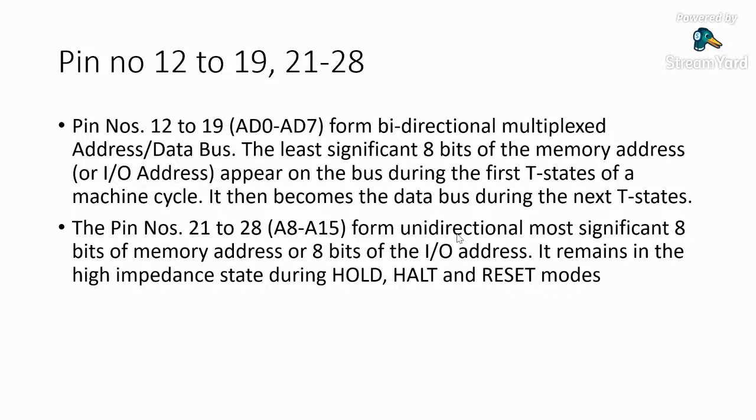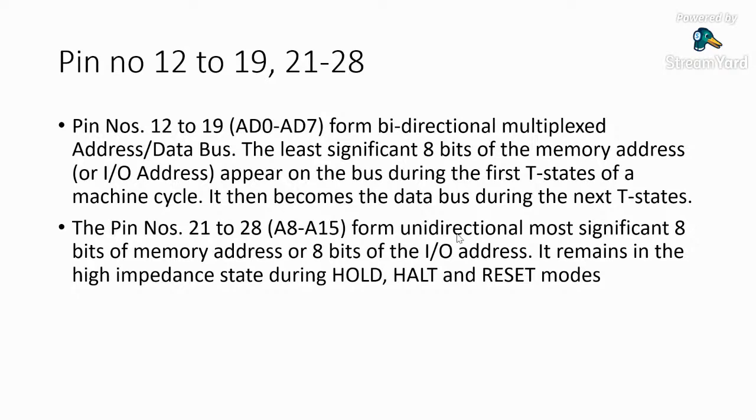Later on, we will discuss the T state and machine cycle. If you wonder what T states are, you can search by yourself. And then it becomes the data bus during the next T states.